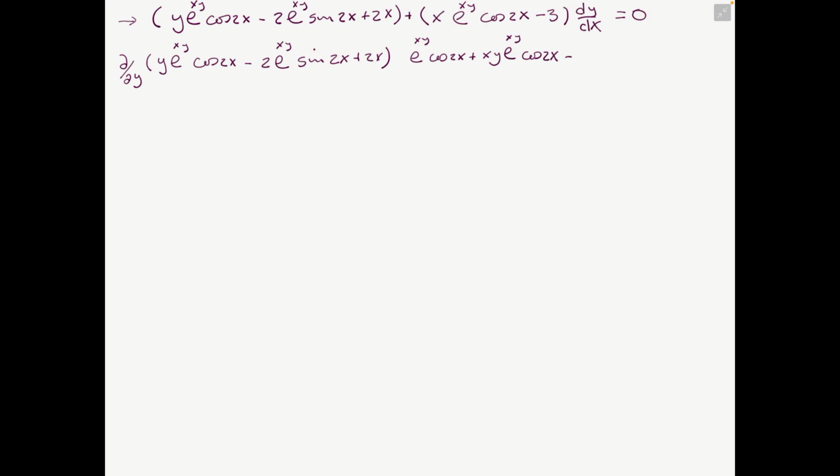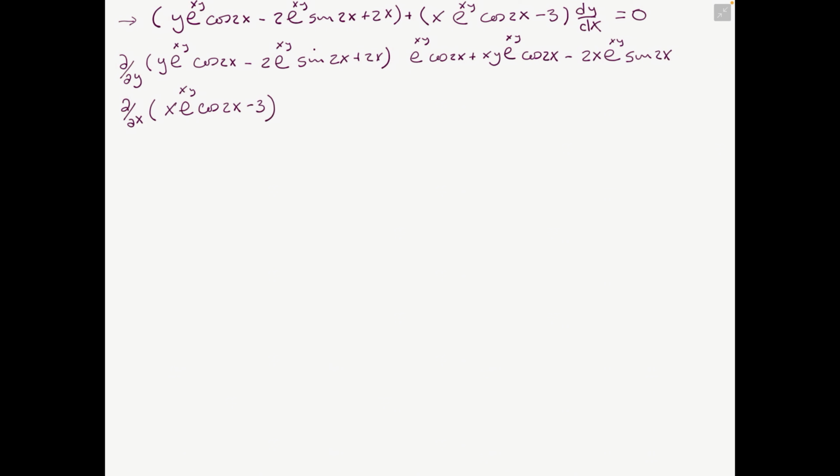So we have e to the xy cosine 2x plus xy e to the xy cosine 2x minus 2x e to the xy sine of 2x.